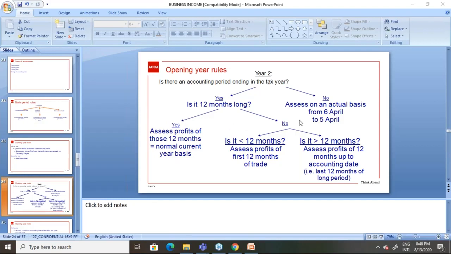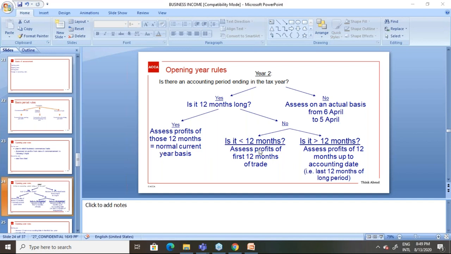But if the answer is no, if the accounting period is either less than 12 months or more than 12 months, then you ask the next question: is it less than 12 months or more than 12 months?